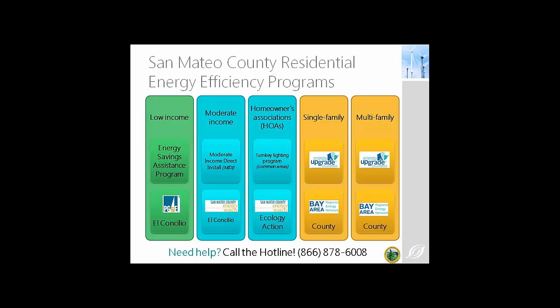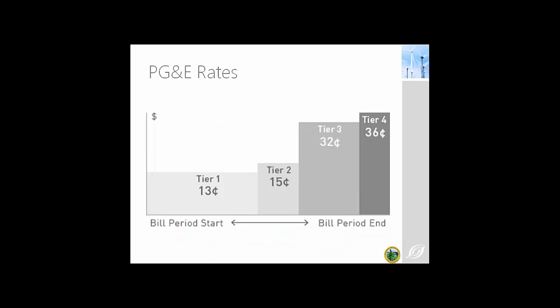For Homeowners Associations, I know that there's a lot of apartment or condo buildings around here, townhouse complexes. There's a turnkey lighting program for all the common areas of those buildings that we run through our program with Ecology Action. And then there's the single family and multifamily programs through BayREN, which is the Energy Upgrade California program. Next slide.